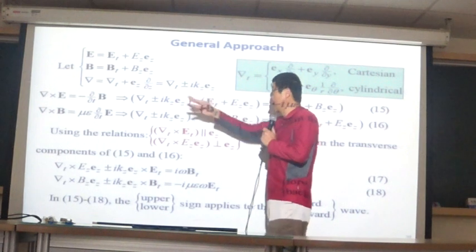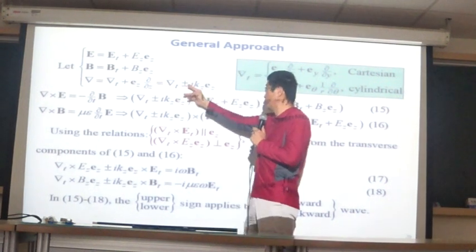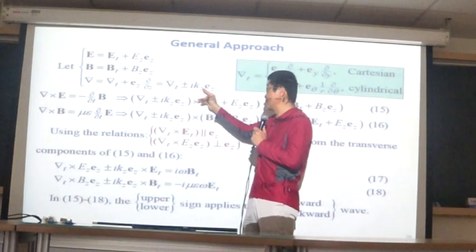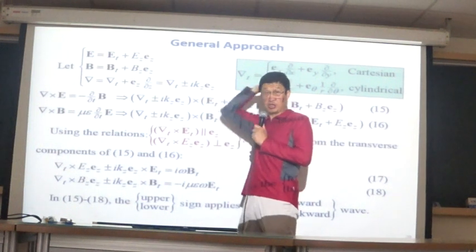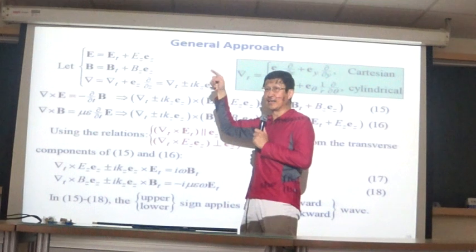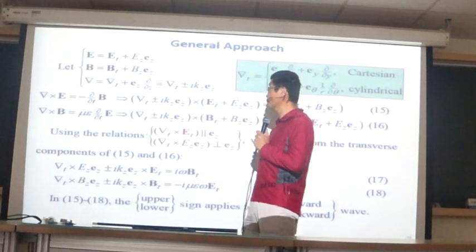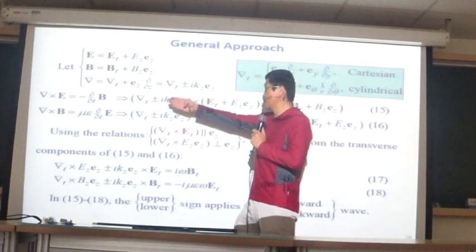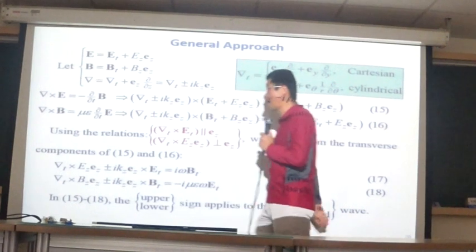Okay? And after the operation, we get plus minus IKZ EZ, because the Z dependence is exponential, plus minus IKZ Z.